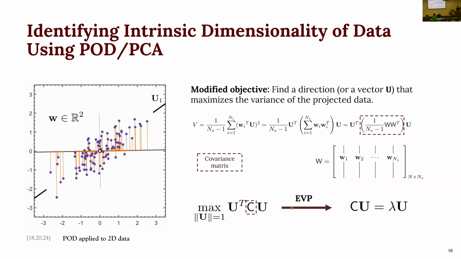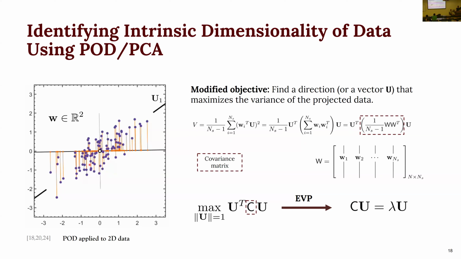And if we do some mathematical manipulation, we find out that this maximization problem leads to this eigenvalue problem, where Cu equals lambda U. C represents the covariance matrix of this data set.